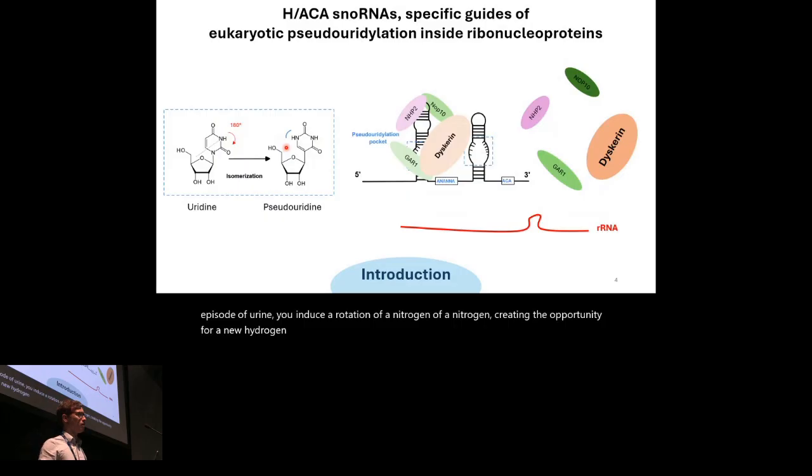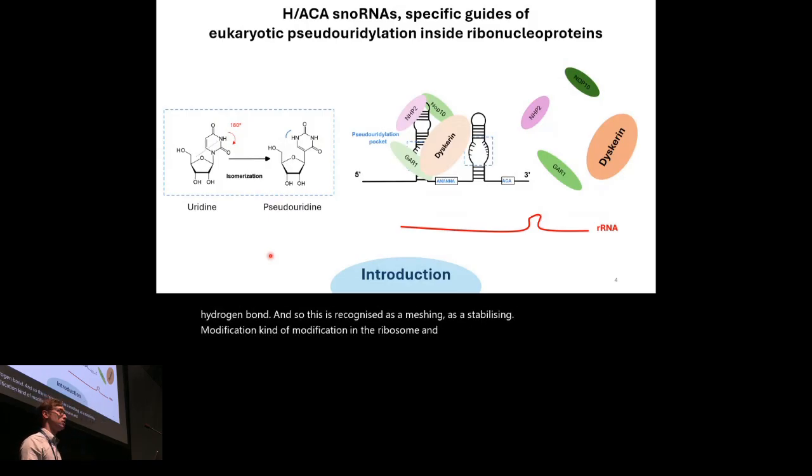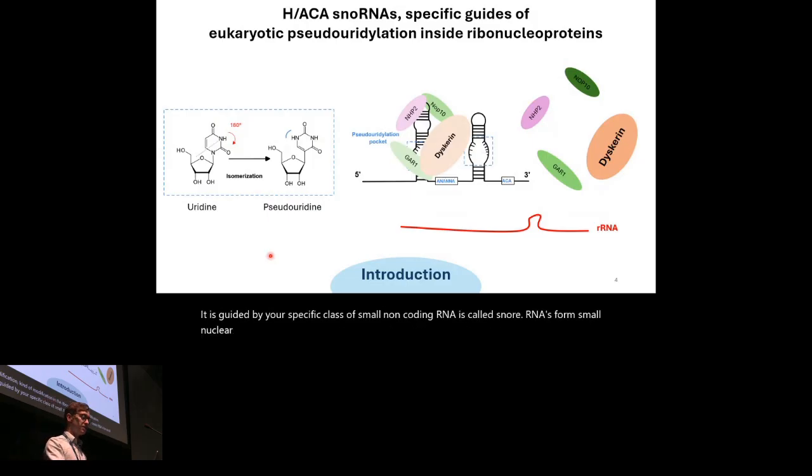And so this is recognized as a stabilizing kind of modification in the ribosome. This modification is guided by a specific class of small non-coding RNAs called the snoRNAs, for small nucleolar RNAs. And this is the H/ACA family that is guiding the modification by base complementarity on the ribosomal RNA.